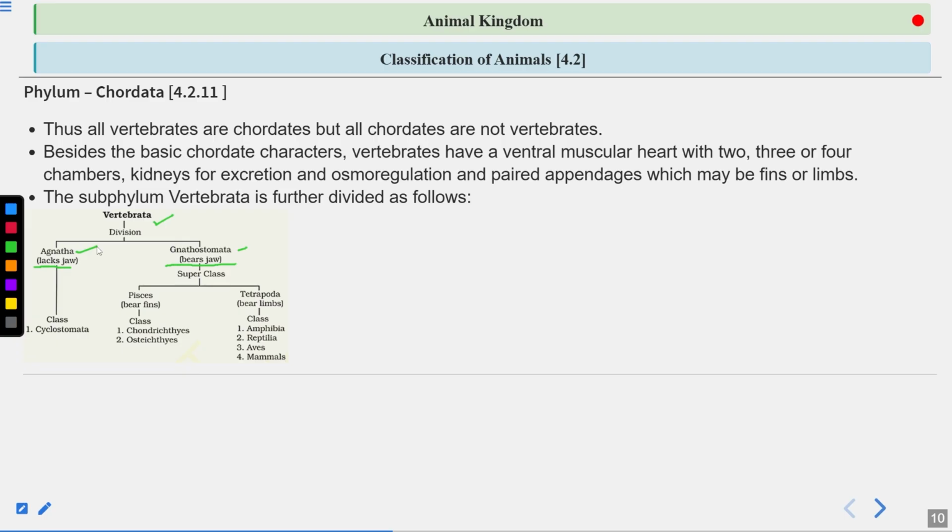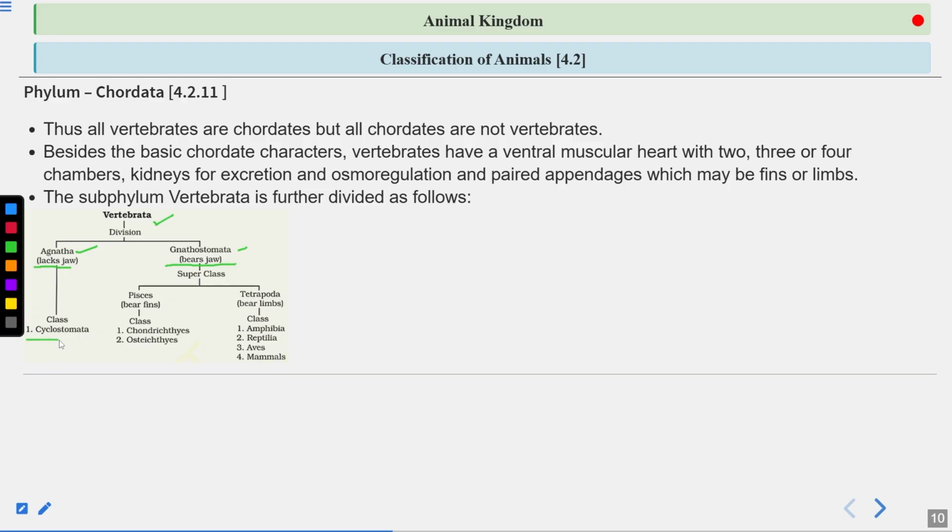Agnatha do not possess jaws. They lack jaws. We have jaws, the upper jaw and lower jaw. So Agnatha do not possess any jaw. But Gnathostomata bear jaws. They have jaws, right? So Agnatha lack jaws.